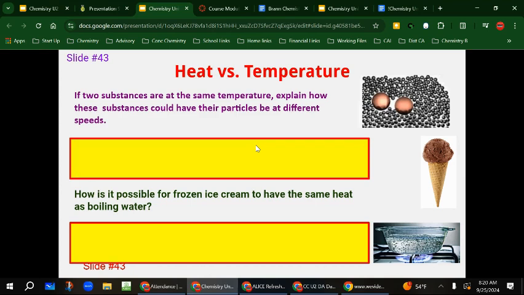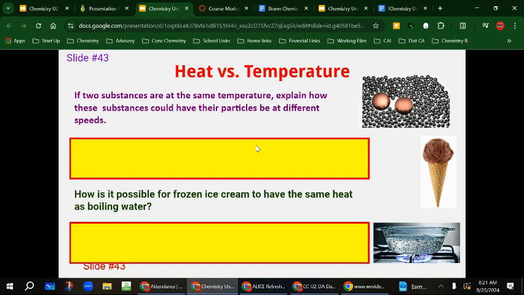No, if they do, I guarantee you the ice cream is going to have less heat. If they both have the same amount of particles, how can the colder one have as much heat as the hotter one? There has to be a larger amount of ice cream. Why?